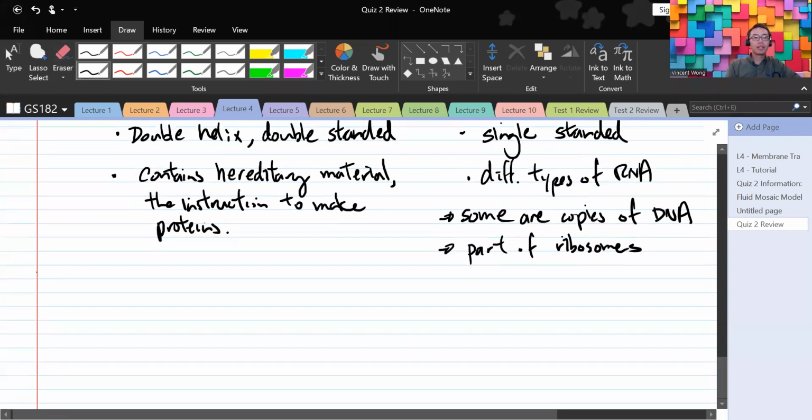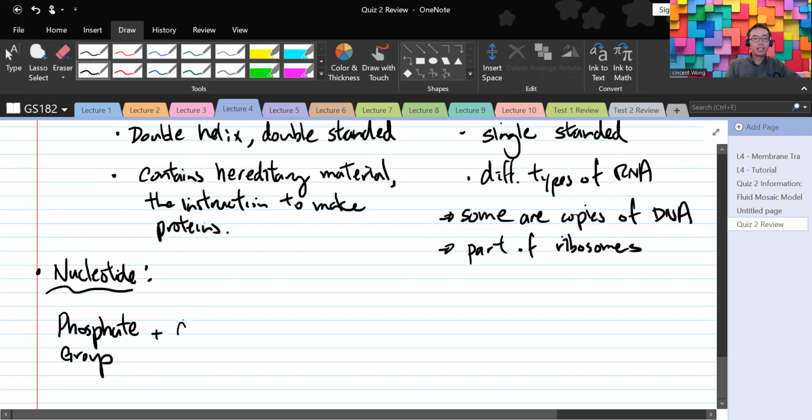We also have the type of nucleotide. So for the DNA nucleotides, we have the phosphate group, we have a deoxyribose sugar, which is basically a sugar that's missing an oxygen, plus the nitrogenous base.